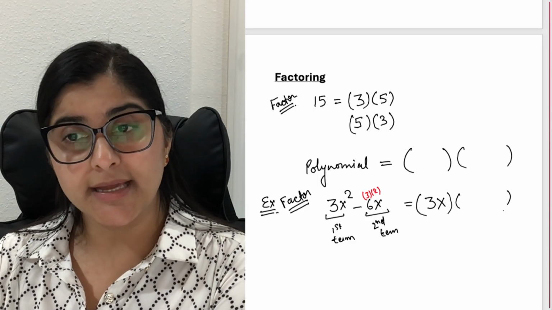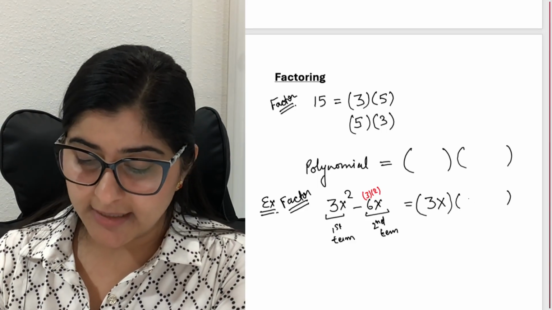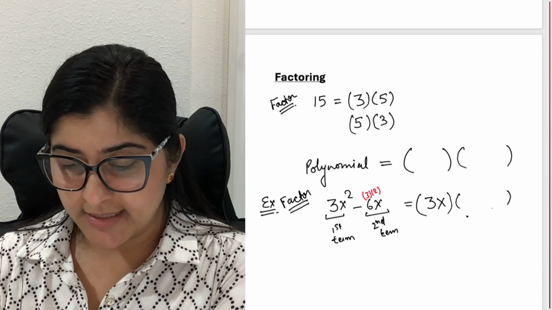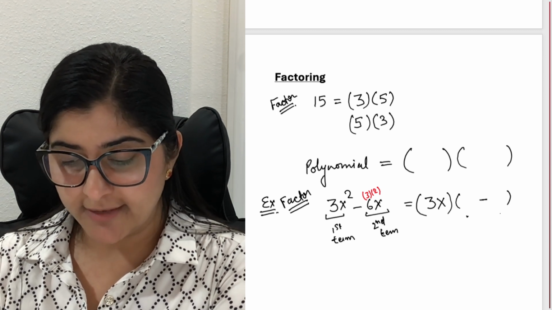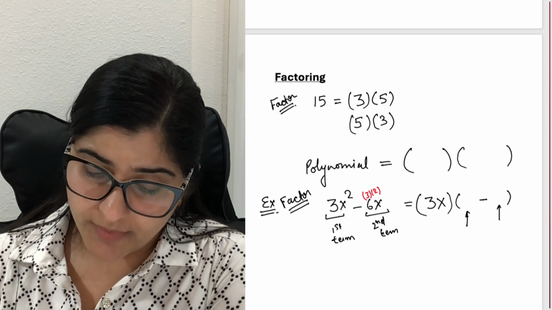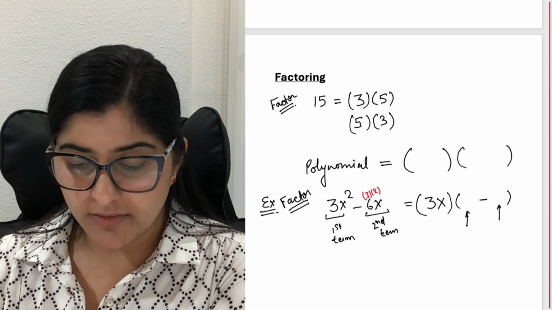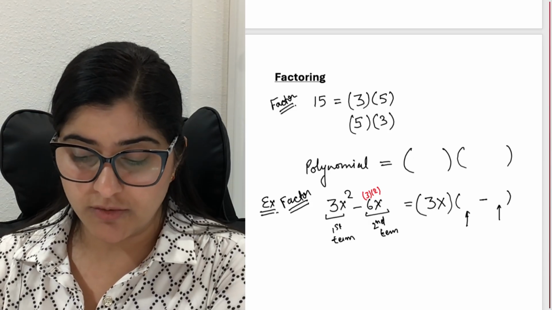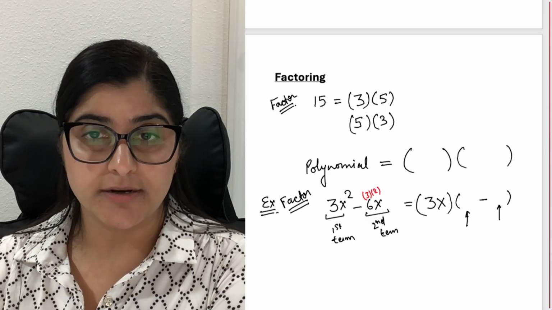Now what will be in the second bracket? Whatever is remaining at the first place, we will write here. The middle sign will be minus. Whatever is left at the second term we will write here. So what is left at the first place? 3 is already borrowed, and 1 copy of x is also borrowed and written outside.